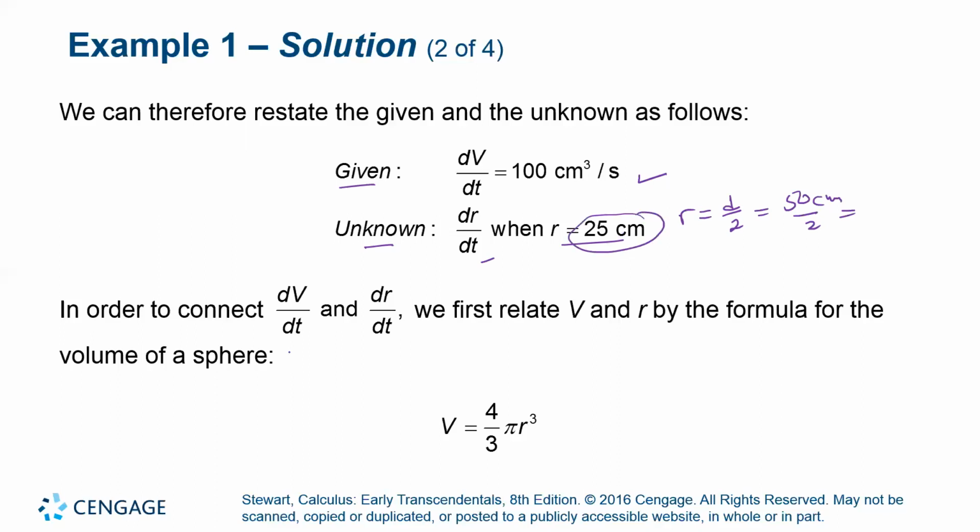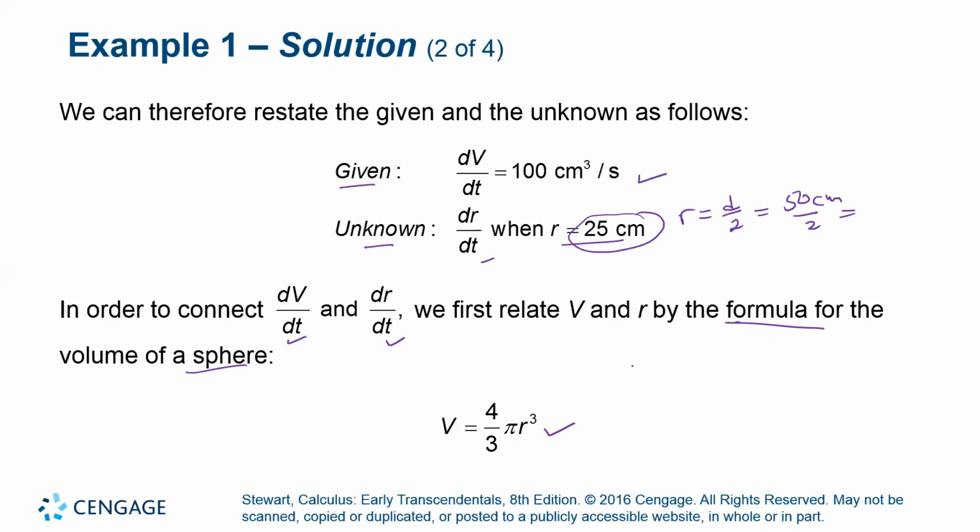So we need to find a volume equation that connects dV/dt and dr/dt. Because if I don't have that connection, I cannot find dr/dt, which is the unknown. Now we know that the formula for the volume of a sphere is V equals 4/3 pi r cubed. So we take this and differentiate it with respect to t, using the chain rule.